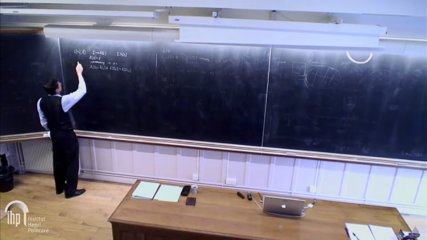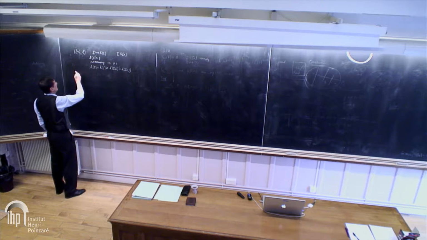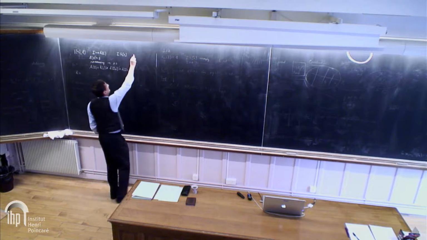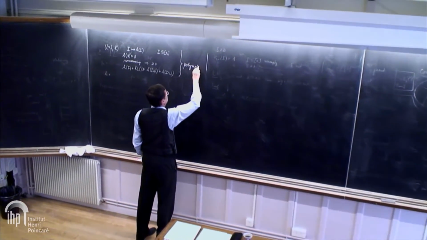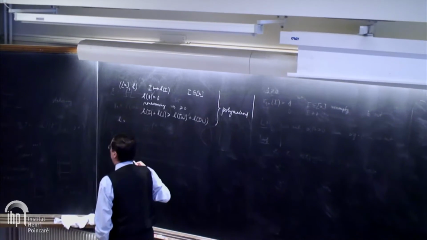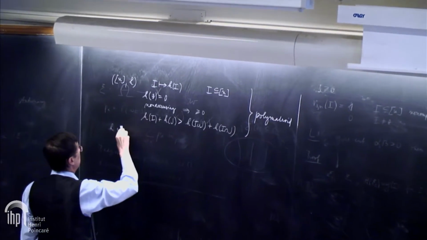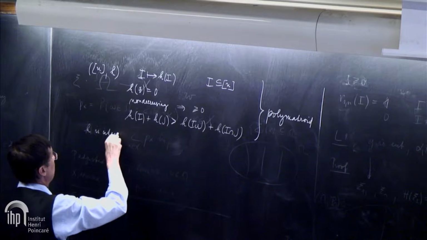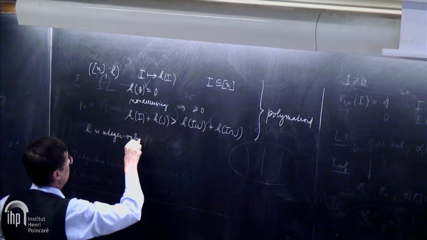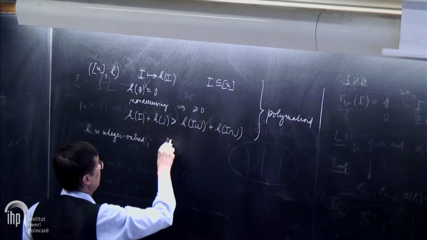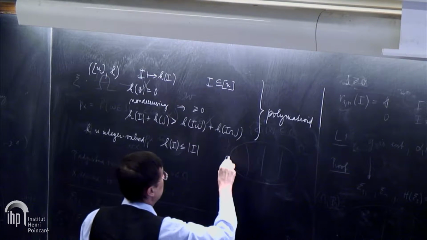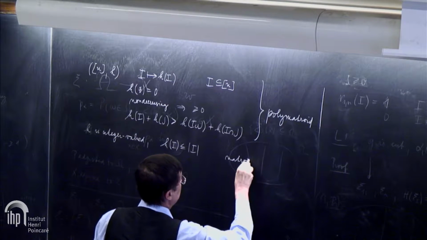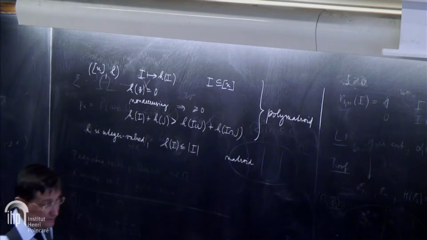And the most interesting functions are integer valued. So if h is like this, it is a polymatroid. And if h is integer valued and bounded by cardinality, then it's a matroid.